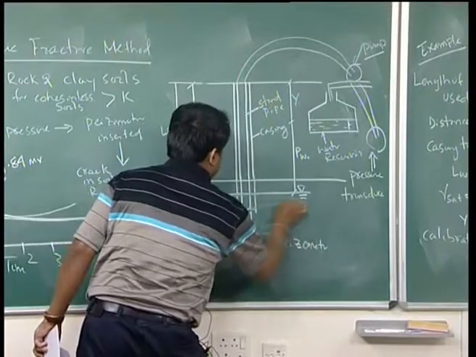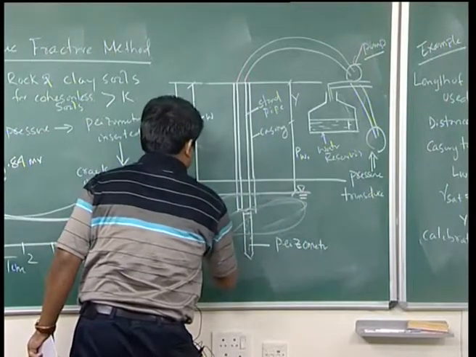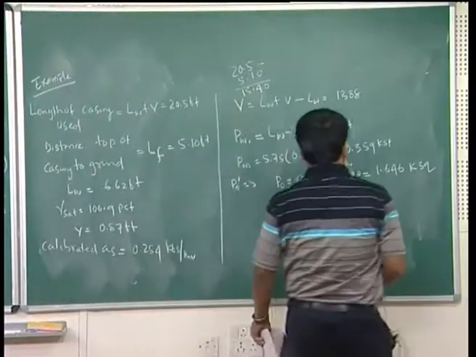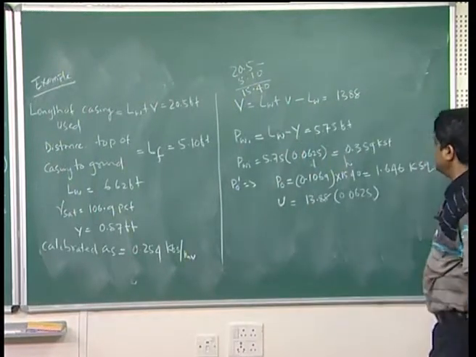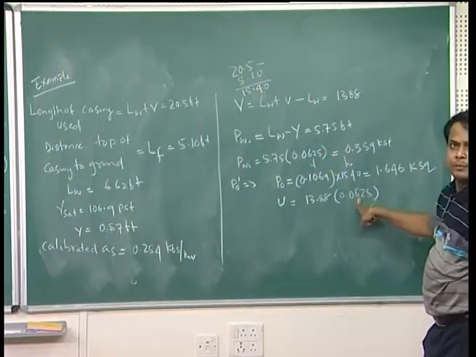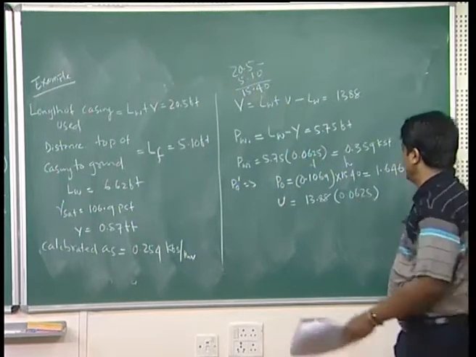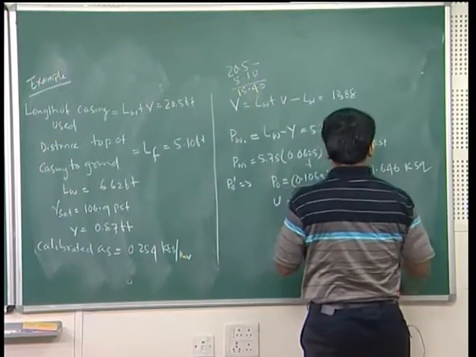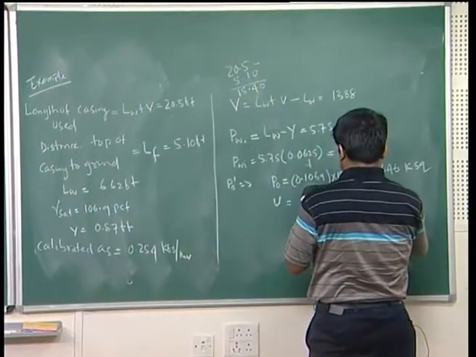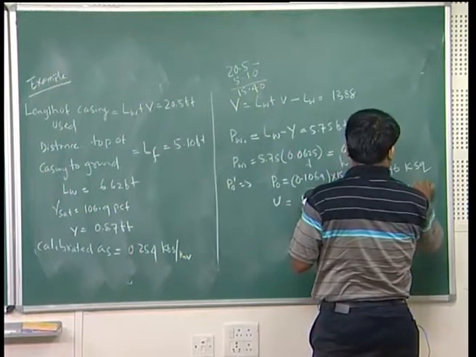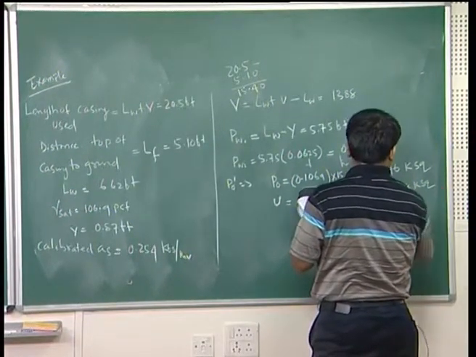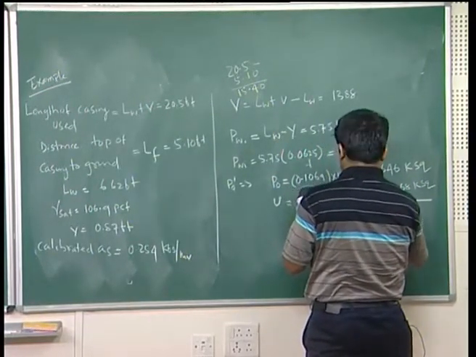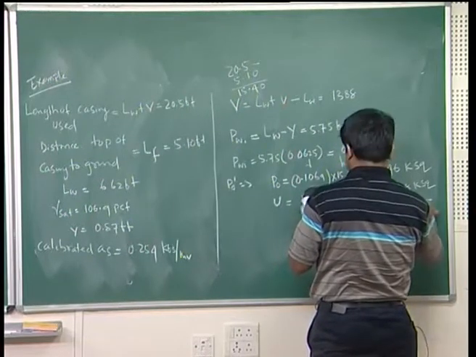So, this volume V is equivalent to probe height, which is nothing but your 13.88, into unit weight of water, which is equal to 0.868 kips per square feet, and P0 prime is equal to 0.778.